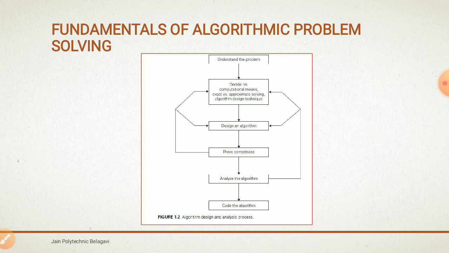And then after analyzing the algorithm, we will go for coding the algorithm. That is, writing the code for that particular algorithm, for that particular problem. The implementation of an algorithm is done by a suitable programming language. Various programming languages like C, C++, Java, and Python are commonly used for implementing algorithms.